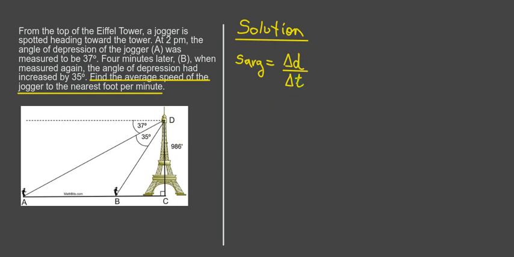Well, the time elapsed in this problem between point A and point B, as the exercise tells us, is, let's take a look here again, 4 minutes. So 4 minutes later, so here the time elapsed is 4 minutes. So now we just need to find what is the value of the displacement.